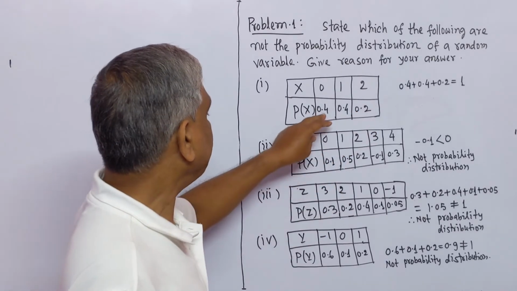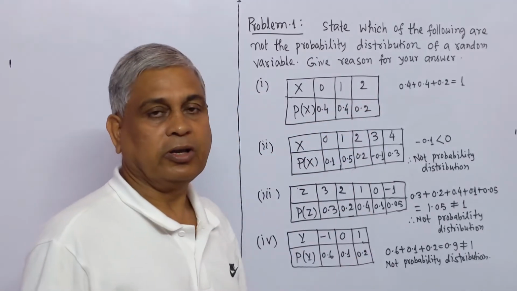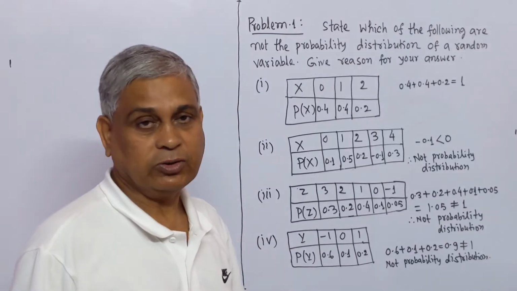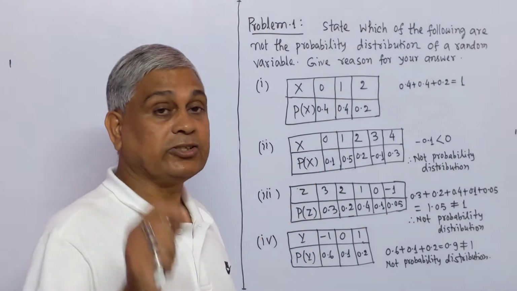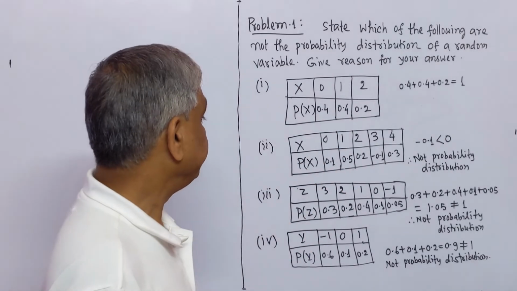Here we see that these probabilities are all greater than 0. So this is the required condition for the probability distribution of a random variable.